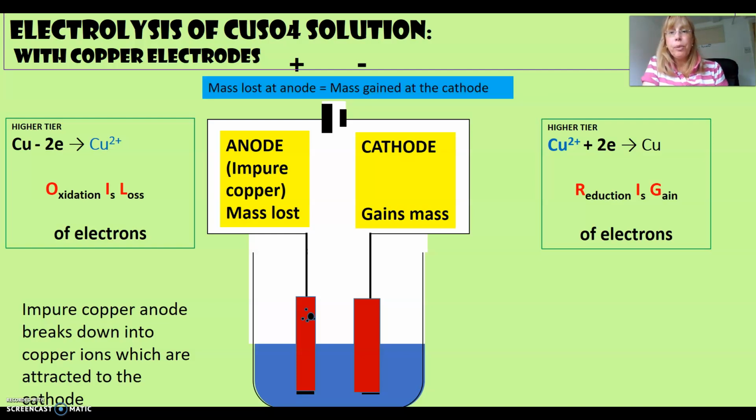In this situation, when we do the core practical, we learn that the mass lost at the anode equals the mass gained at the cathode, as long as no bits of copper fall into the solution.